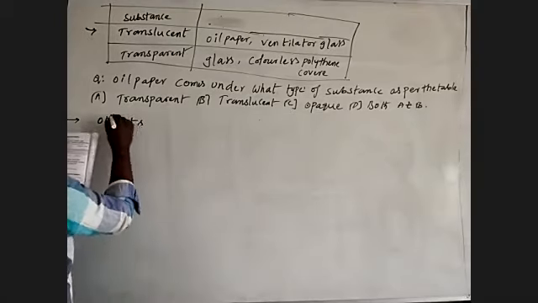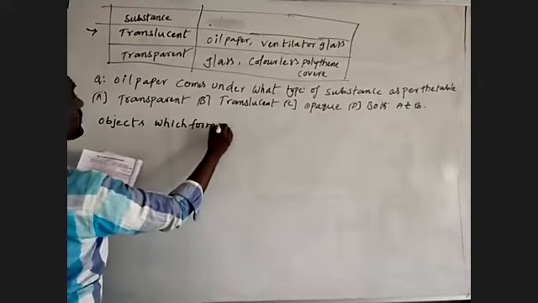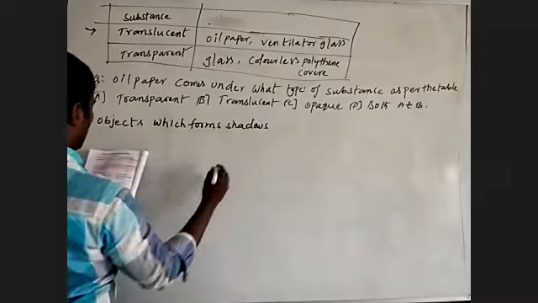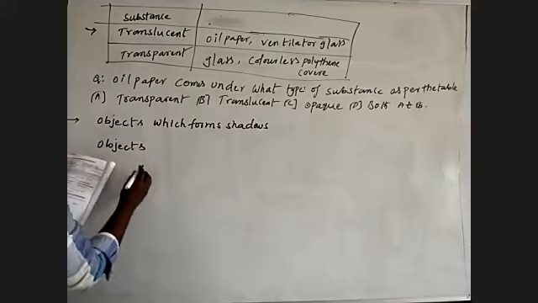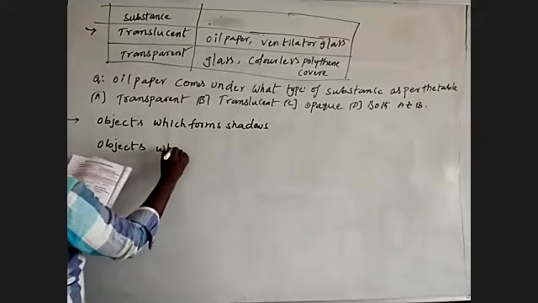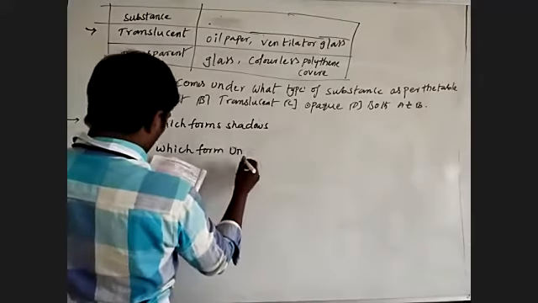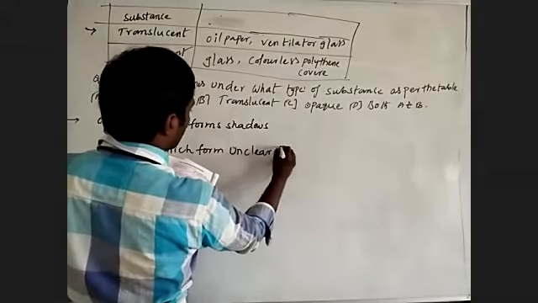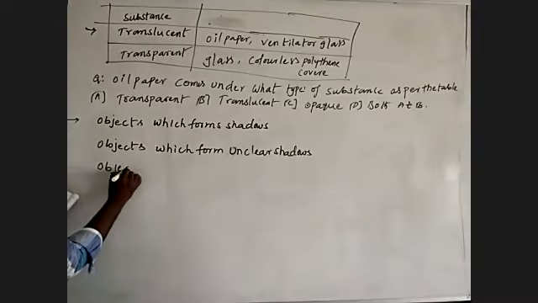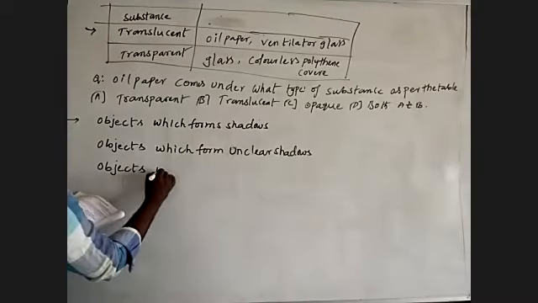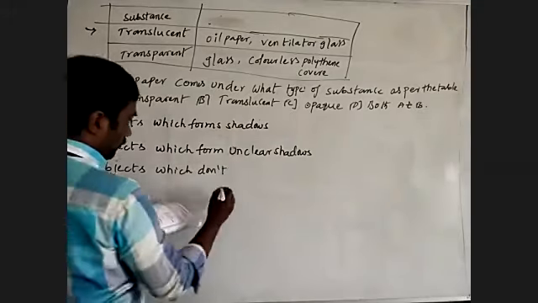Objects which form shadows, objects which form unclear shadows, objects which don't form shadows.